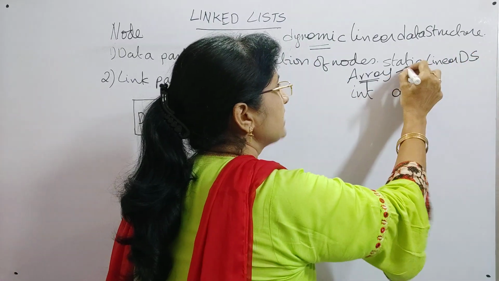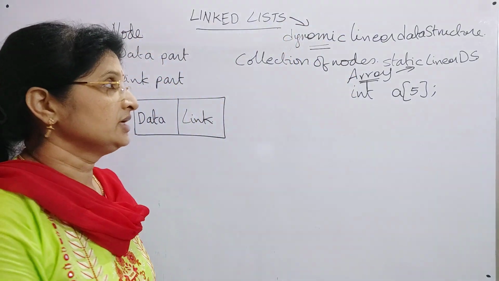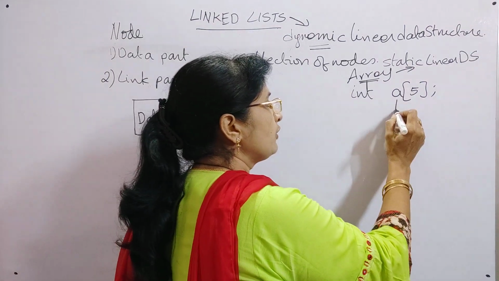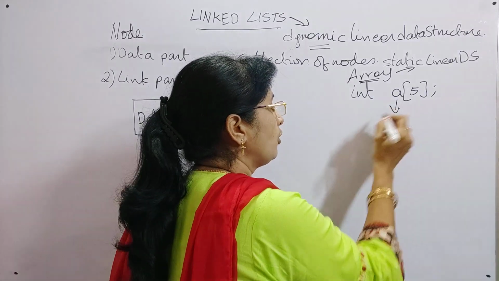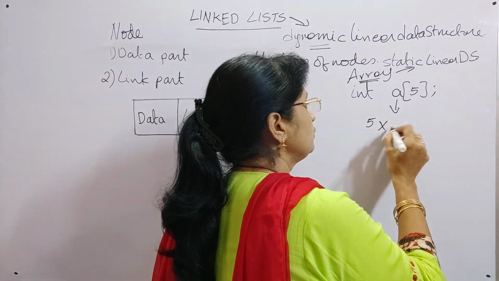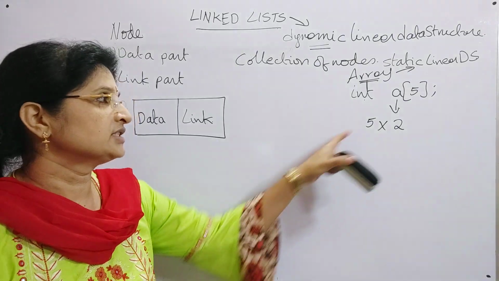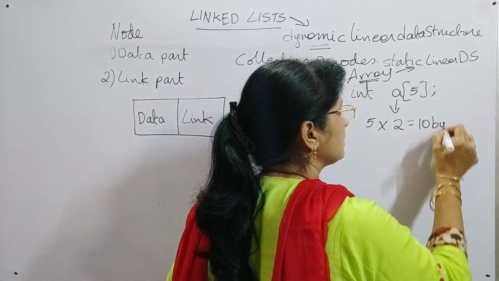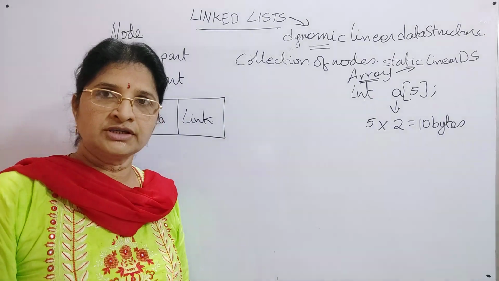Why? Because the memory for the variable a is allocated at the time of compilation. The number of elements that can be stored in a is 5, and each int element occupies 2 bytes, so 5 into 2, that is 10 bytes of memory is required for a in order to store 5 individual elements.